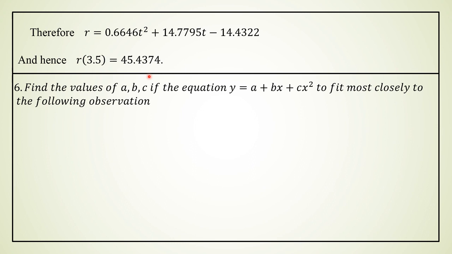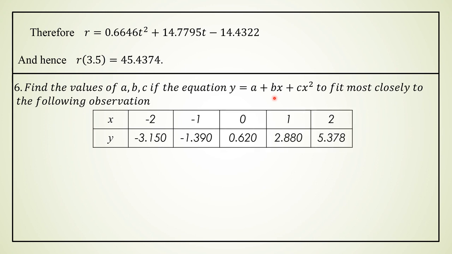Next, they are expecting you to find the values of a, b, c if the equation y is equal to a plus bx plus c x square is to fit most closely to the following observation.